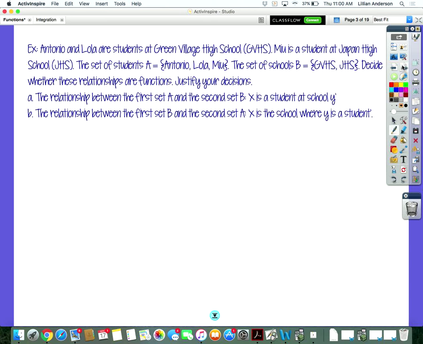So we're looking at the relationship between the first set A and the second set B, as X is a student at Y school. So our input represents what? The student. Remember, X is related to input, so we're students, and our output is the schools, okay? Is that a function?